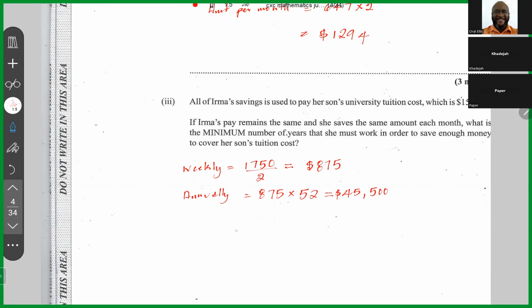So now, the number of years. She has a total of $150,000 to pay. She's using her savings to pay it. She's saving $45,500 every year. So to cover the tuition, she would have to save a total of 150,000. That's the total amount of money. Divide by the amount she saves every year.